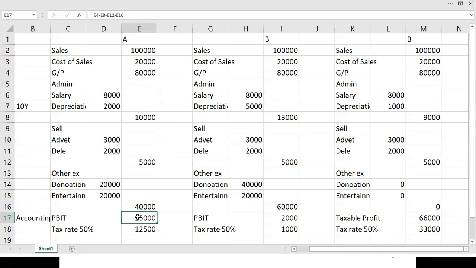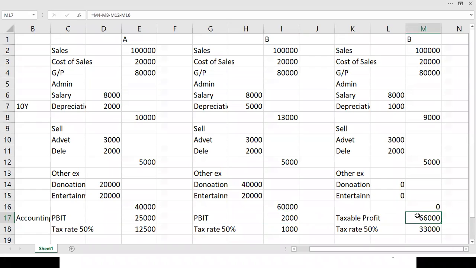Here, how much is the difference? Company B had 2,000 according to the accounting rules, but for tax purposes 66,000. So what are the reasons for these differences?